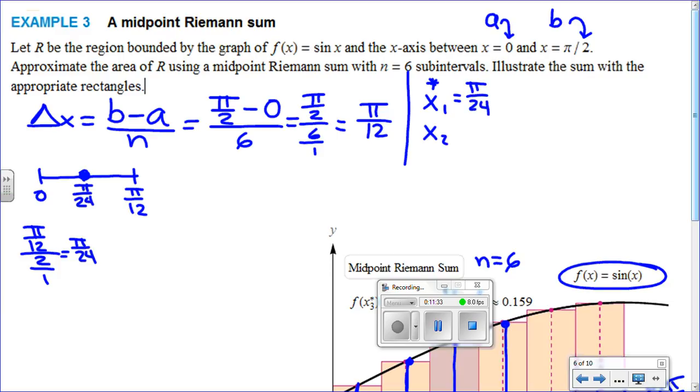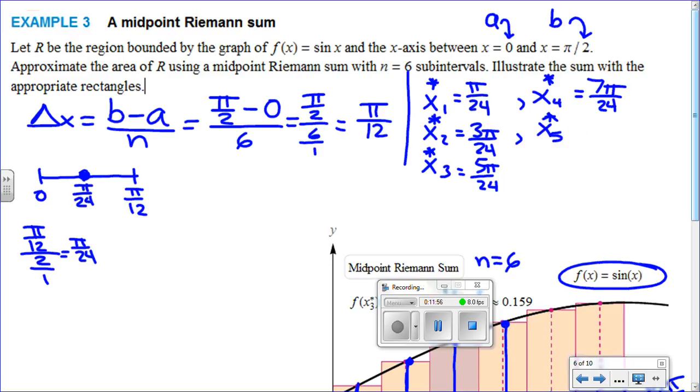Then x 2 star will be 3 pi over 24, the third one will be 5 pi over 24, and then 7, 9, and 11 pi over 24. I know this is taking us very long, but like I told you, there's a short way, a formula, a general way to find those points.